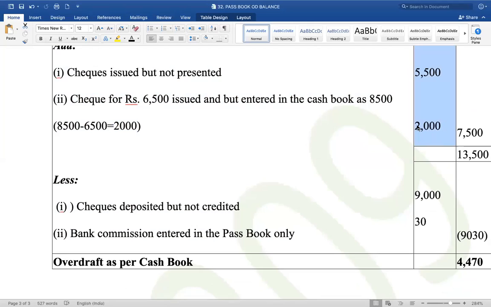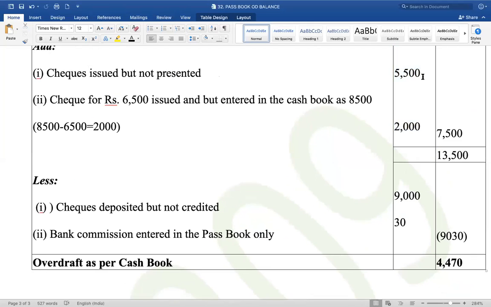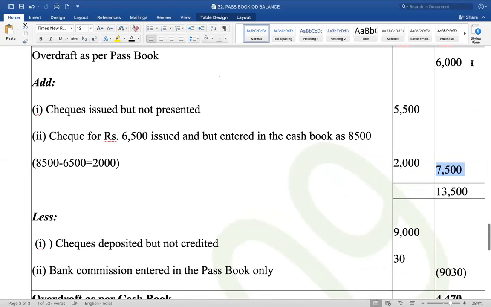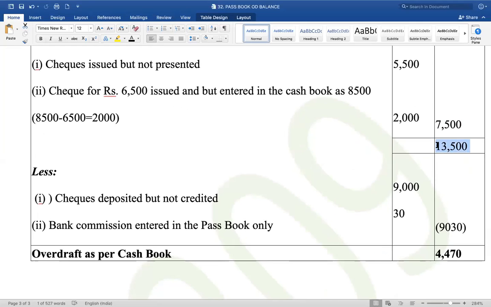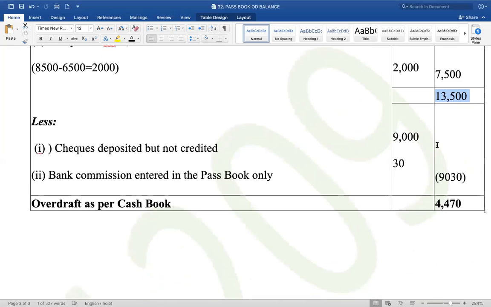So the total of add items is 5,500 plus 2,000, 7,500, the total of add items to the 6,000. So 6,000 plus 7,500 is 13,500.